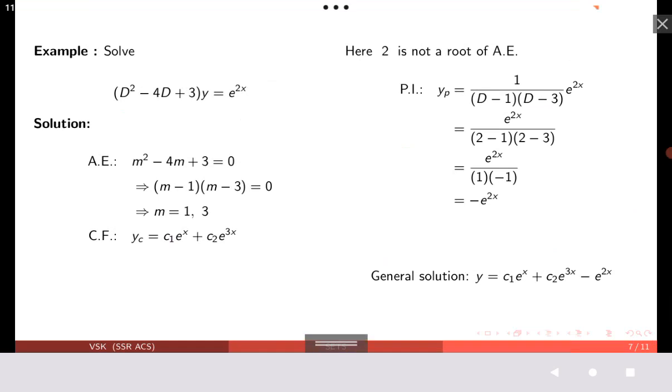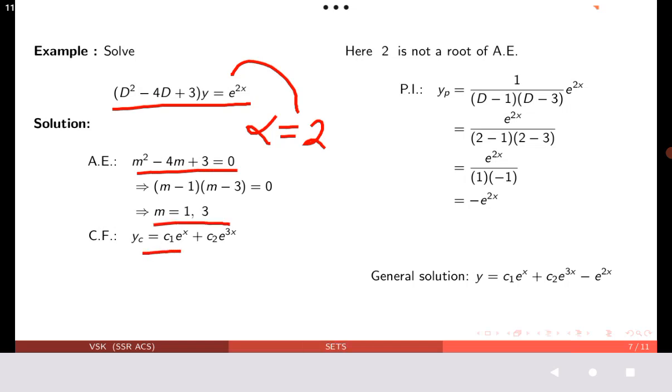Solve (D square minus 4D plus 3)y = e to the power 2x. Here alpha is equal to 2, the power of e to the power 2x. The auxiliary equation gives the values 1 and 3. So the complementary function is c1 e to the power x plus c2 e to the power 3x. Now here 2, which is alpha, is not a root of the auxiliary equation.